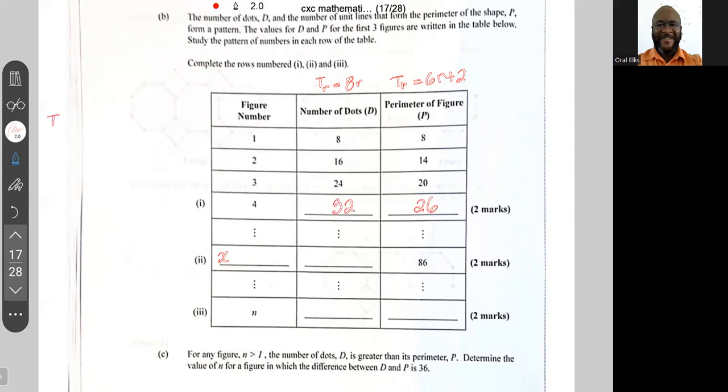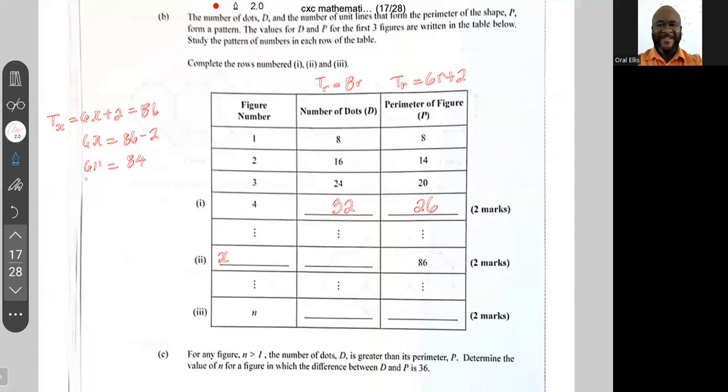So TX, sorry, which is equal to 6X plus 2, is equal to 86. 6X is equal to 86 minus 2. 6X is equal to 84.